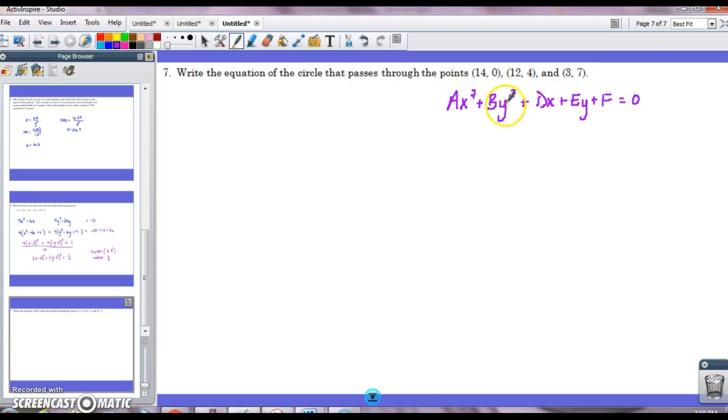However, when we're talking about a circle, a and b are the same, so we don't even need them. Okay, so we need to set up 3 equations because we'll have 3 unknowns, d, e, and f, and so we're going to solve it using systems of equations.